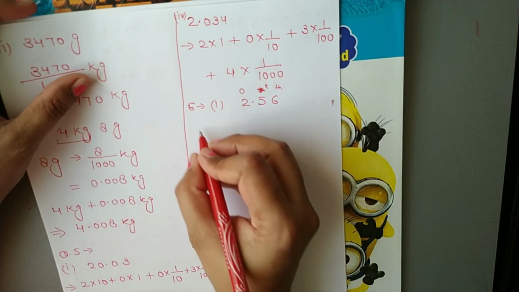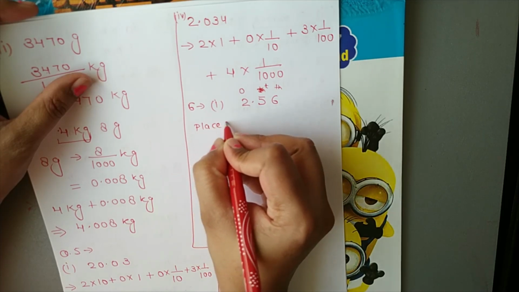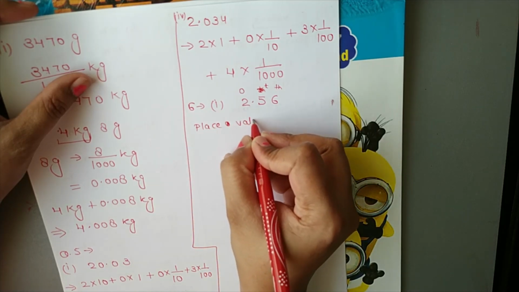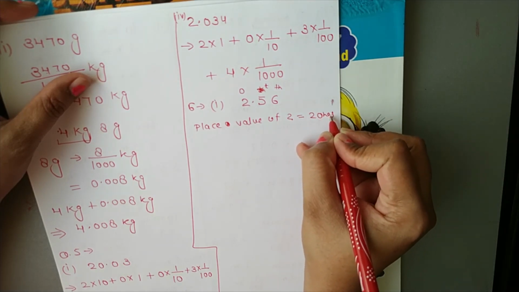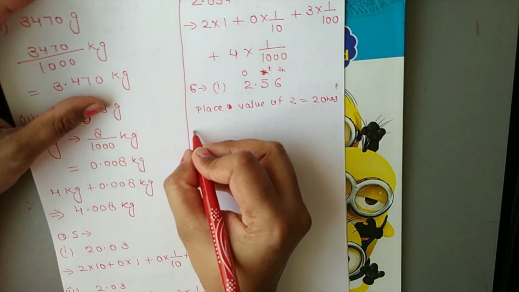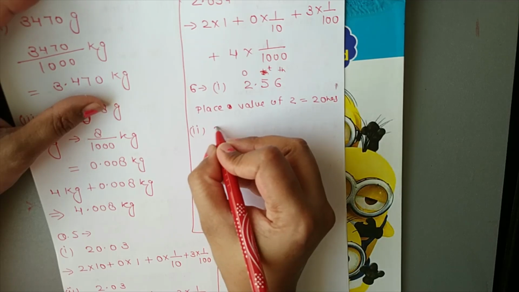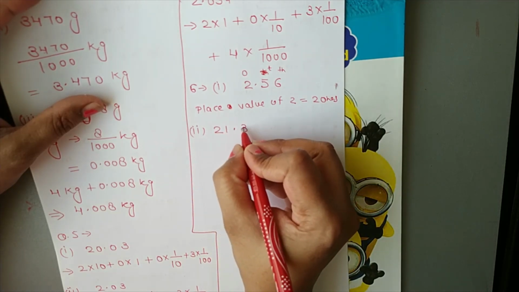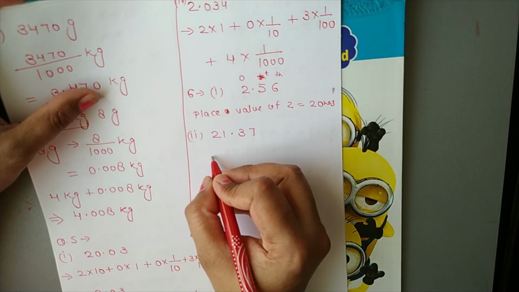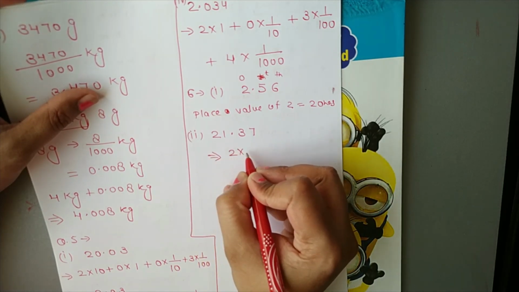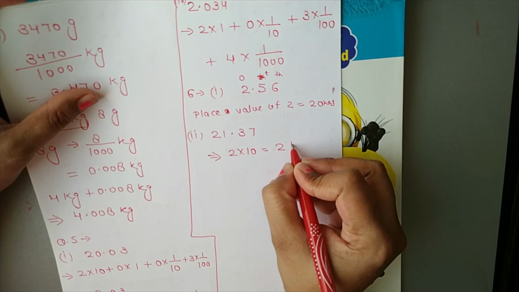So the place value of 2 will be 2 ones. Then 21.37. Here the place value of 2 will be 2 into 10, that is 2 tens.